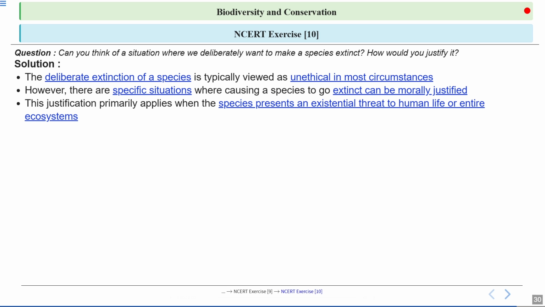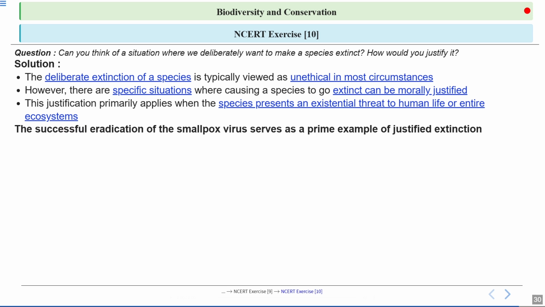If they are posing a serious threat to humans or the environment, then special actions are taken to control or eliminate that species. Such species, like invasive animals or plants, can harm human health and destroy native species as well. And they can disrupt the ecosystem. So managing them is necessary to protect both people and the environment.